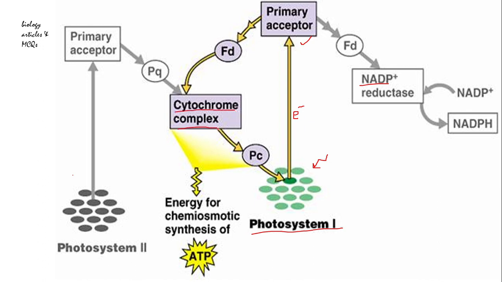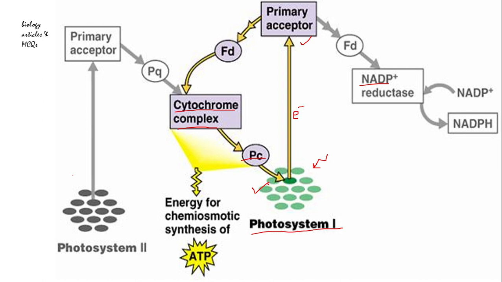The cytochrome complex again transfers the electrons to photosystem 1 via the PC, which is simply called plastocyanin. So guys, this is the electron flow in the cyclic pathway, meaning the electrons are excited from photosystem 1 and then return to photosystem 1 again.